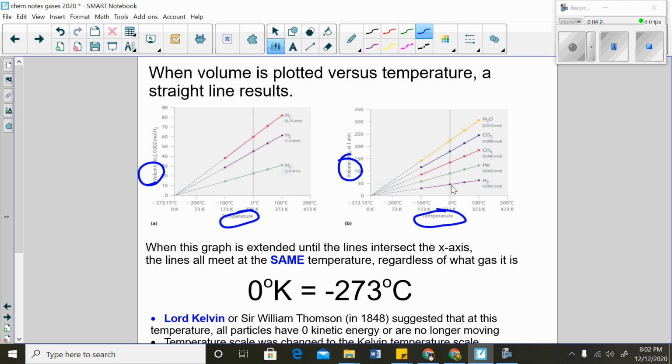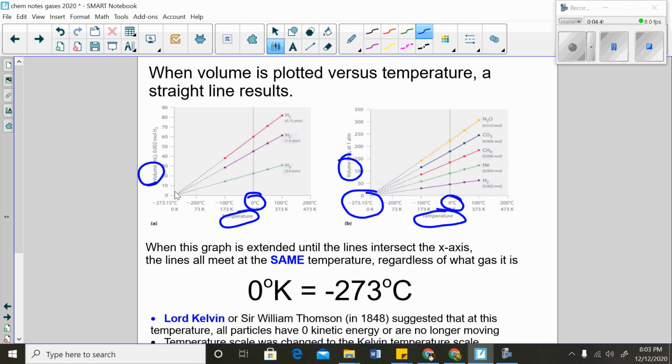When this graph is extended, so we usually end our graphs at 0 degrees Celsius, that's pretty common for us in science, when it's extended until the lines intersect the x-axis, the lines all meet at the same temperature, regardless of what gas it is. And that temperature is right here.